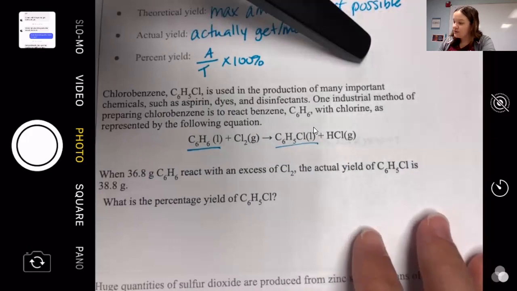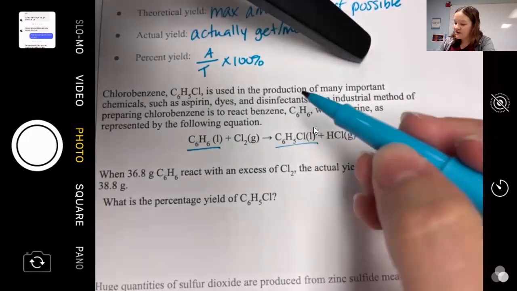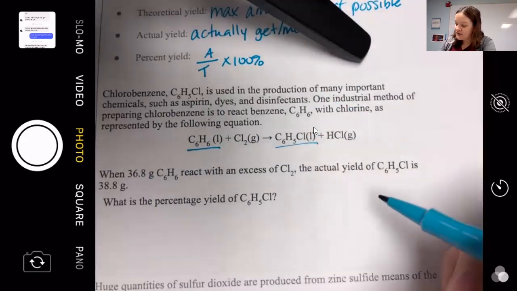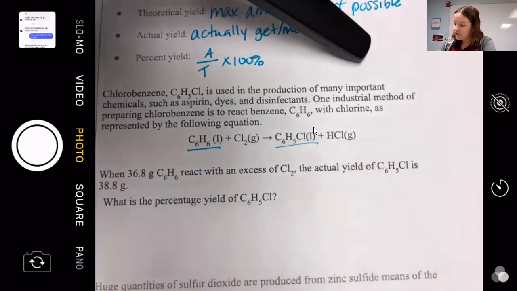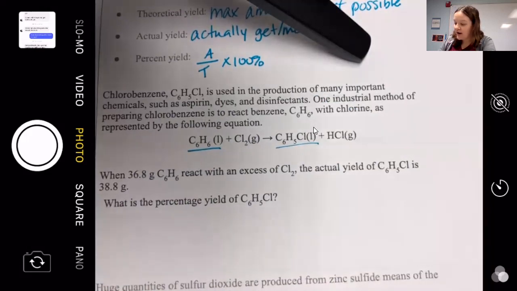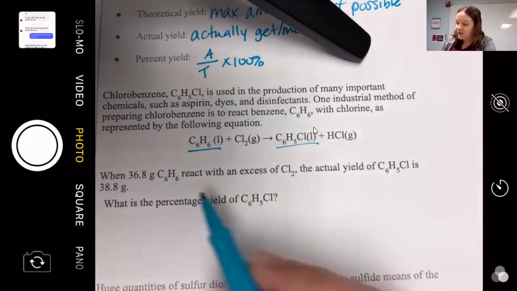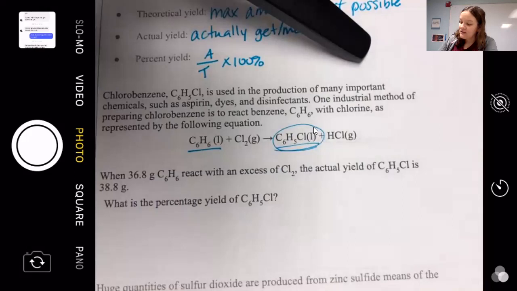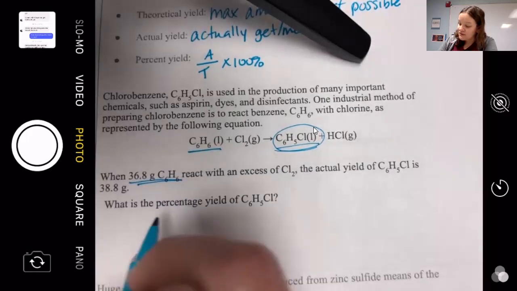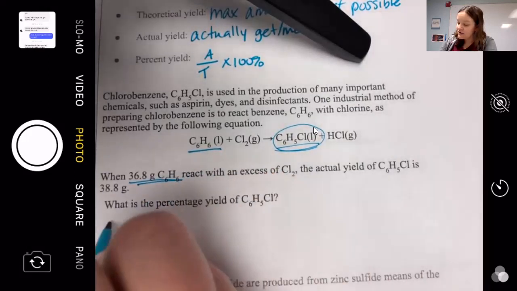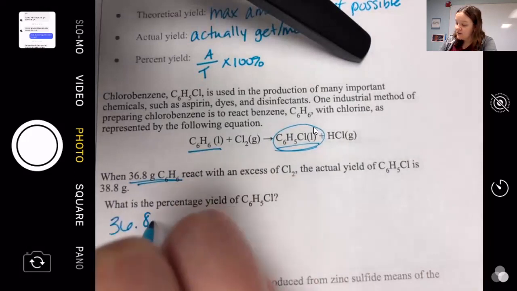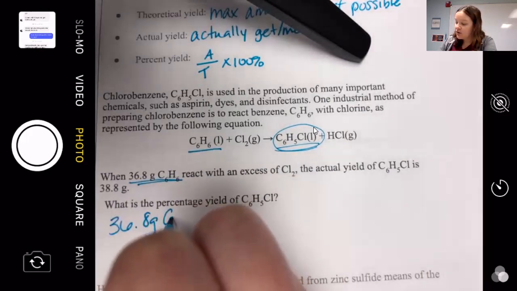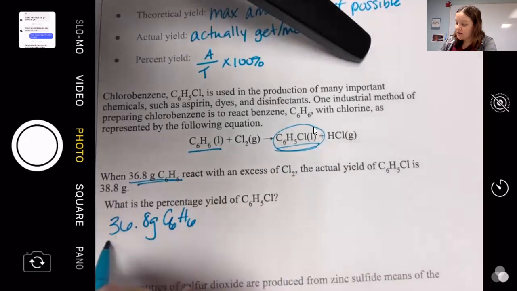All right, so I first need to figure out how much of this chlorobenzene I would make from my 36.8 grams of C6H6. So I'm going to have to go all the way to grams because that's what I'm given here.